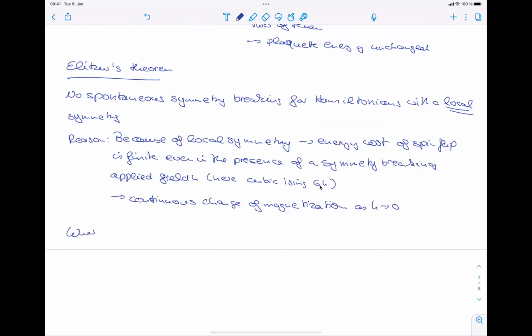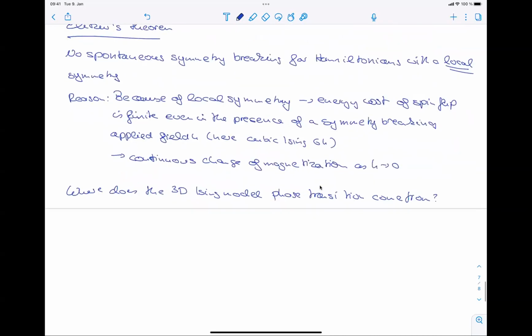So where does the 3D Ising model phase transition come from? Here I won't go into details, I'll just give you a few words on how you can solve this paradox.